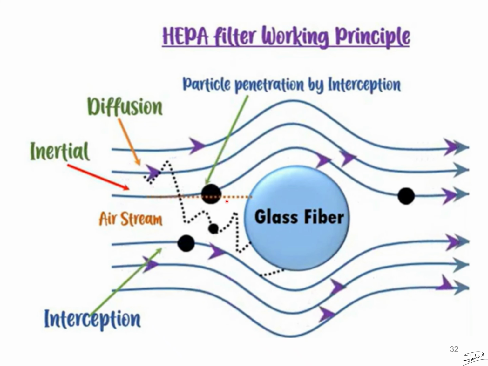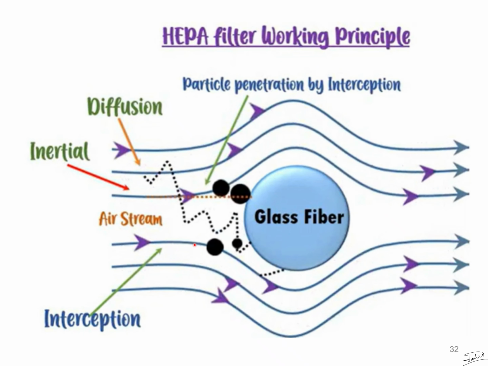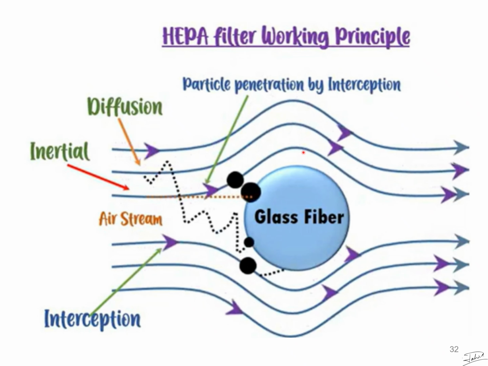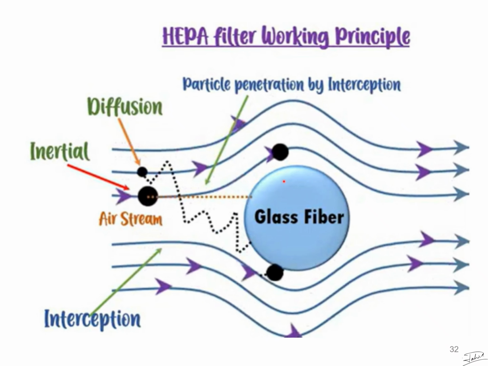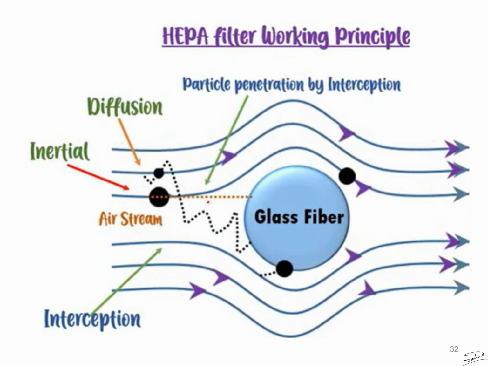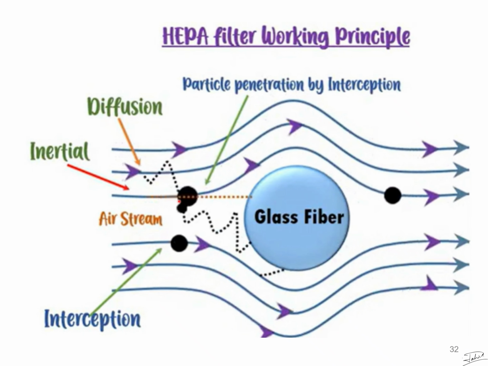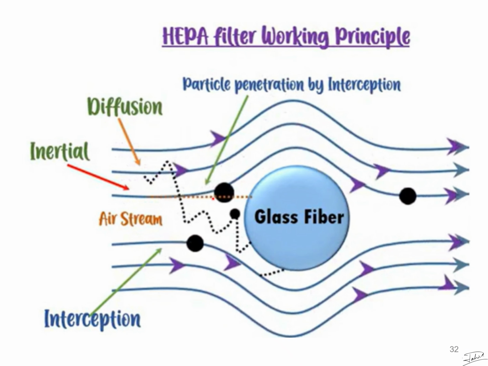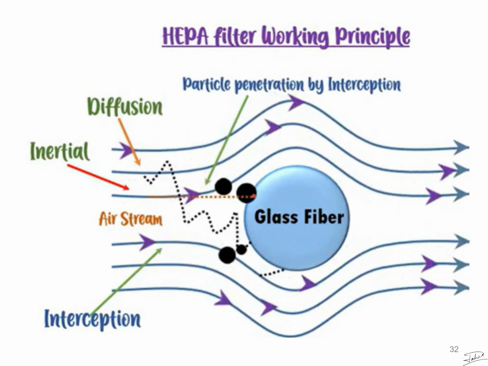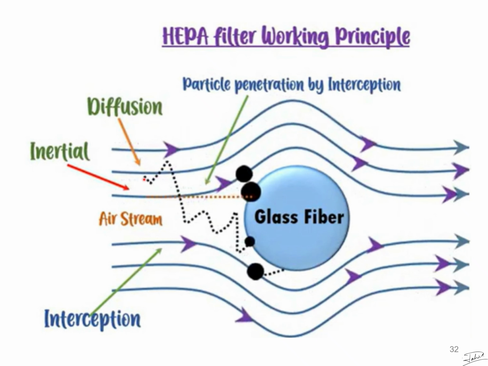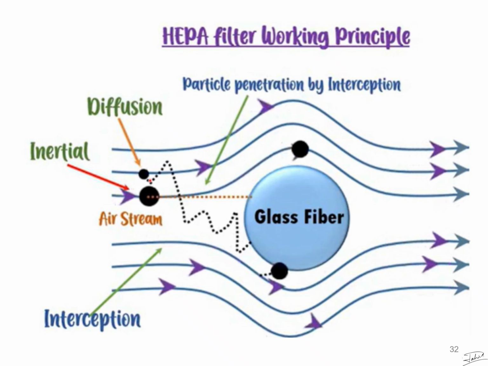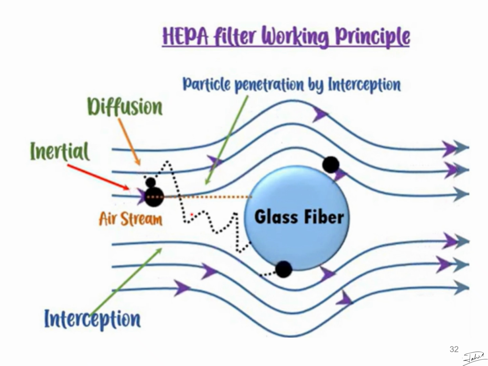That's why they get stuck in the glass fibers. The medium-sized particles are going through this way, but they get stuck by direct interception. The heavier particles are getting stuck here by direct interception or inertial impaction. But in case of smaller particles, we can see these are coming as Brownian diffusion. Okay, so these are all from the HEPA filter mechanism.